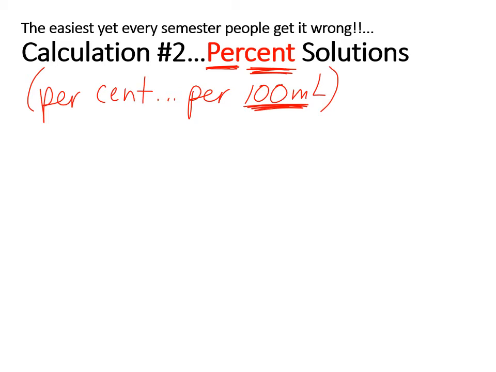So whenever you see percent solution, think either grams per 100 milliliters or milliliters per 100 milliliters.